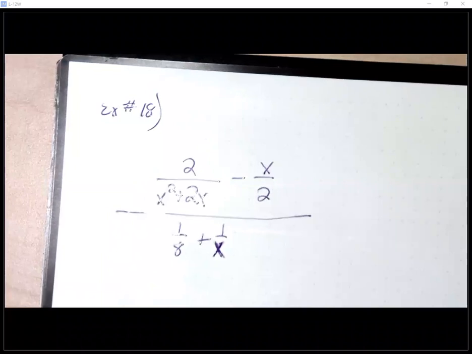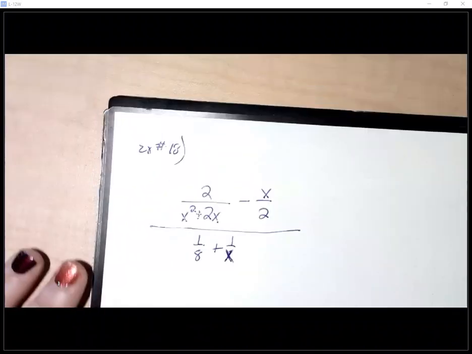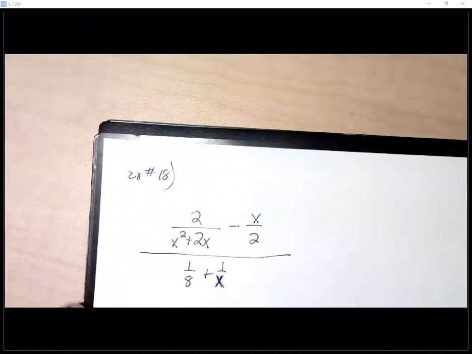Okay, so here's the original. There we go. My original problem has fractions on top and fractions on the bottom.